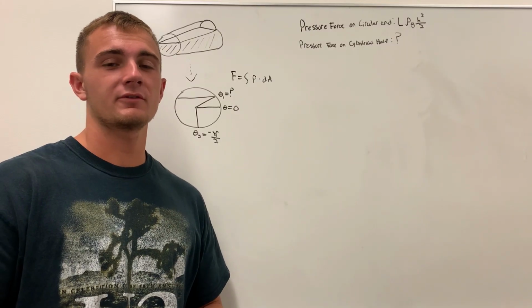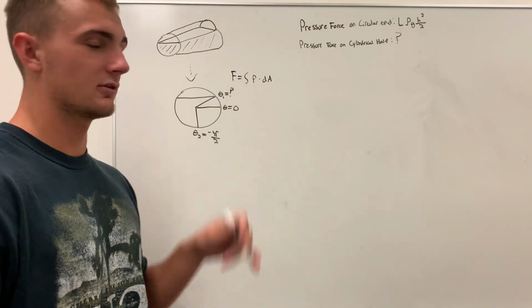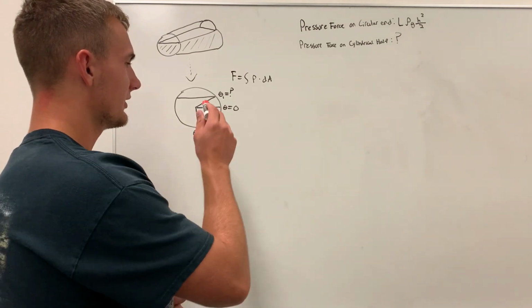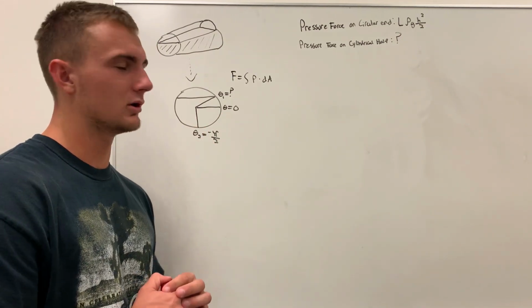So to start, the first thing that we will need to figure out in order to do this integration is our limits of integration, theta 1 and theta 2. So we need to find out, okay, what is theta 1?